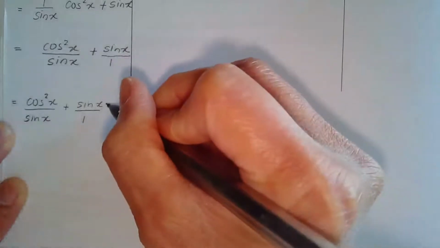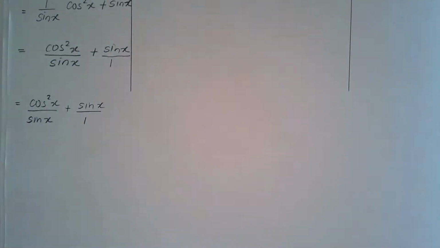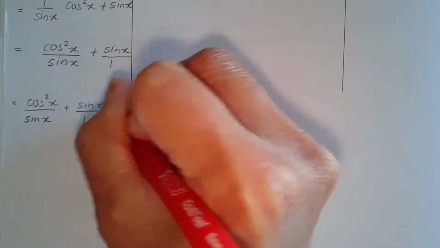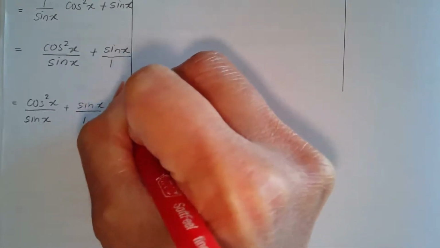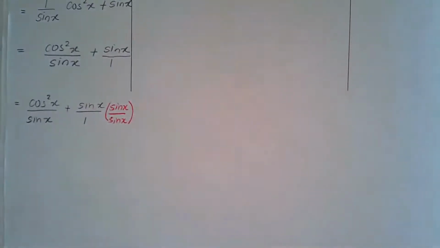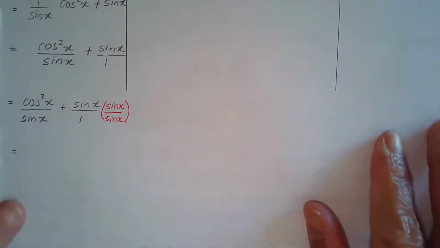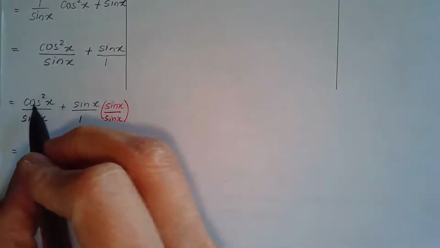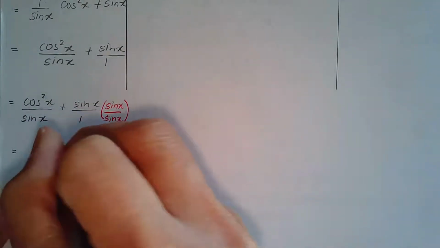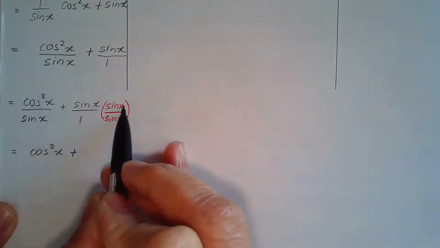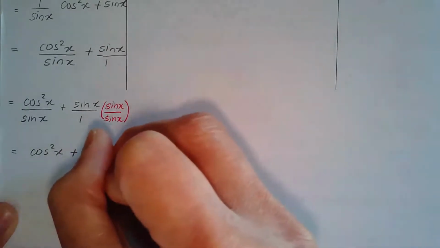So what I'm going to do is multiply by sine of x over sine of x. Okay, so what does that look like now? I can go cos squared of x plus, well, sine of x times sine of x is sine squared of x.